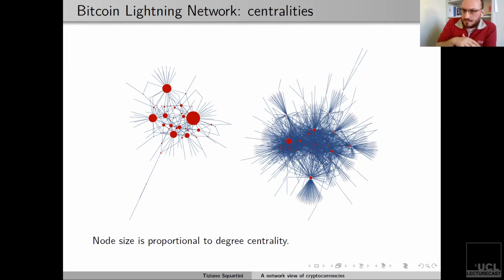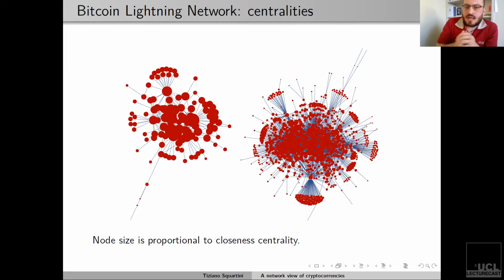Now, if we draw the size of the nodes proportional to the degree centrality, you see a lot of these local star-like structures with these hubs, and attached to these hubs, you have many leaves, many peripheral nodes. They are both present in the early history and in the later version of the Bitcoin Lightning Network.